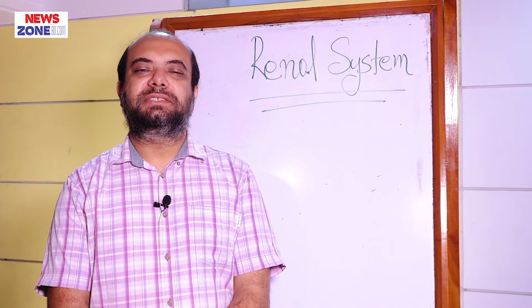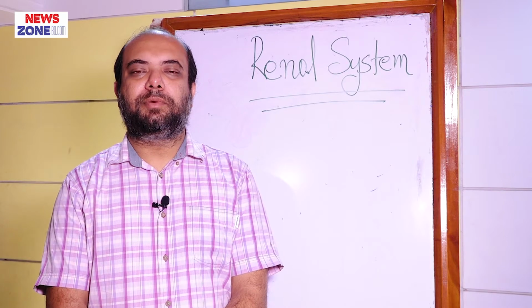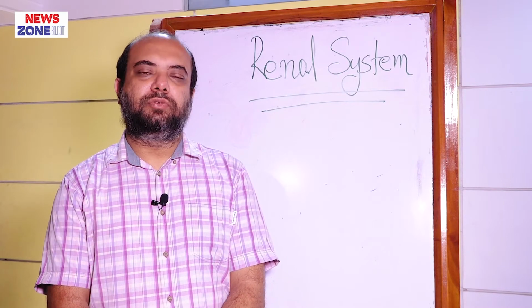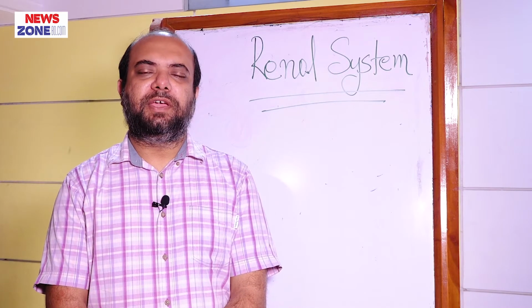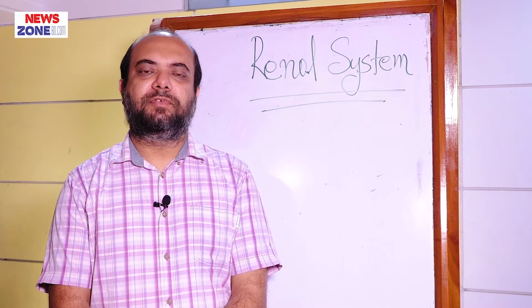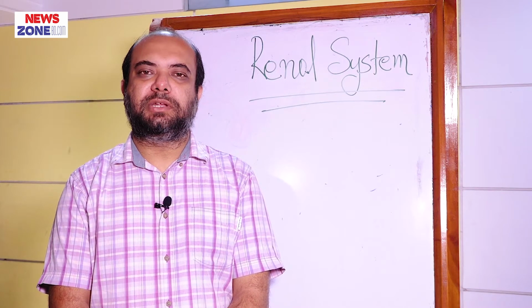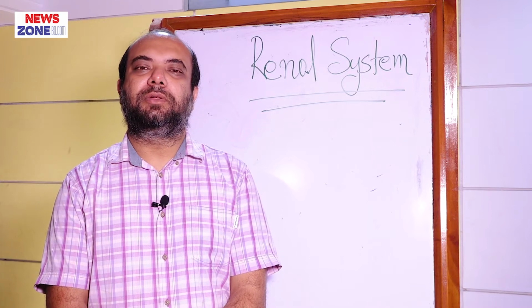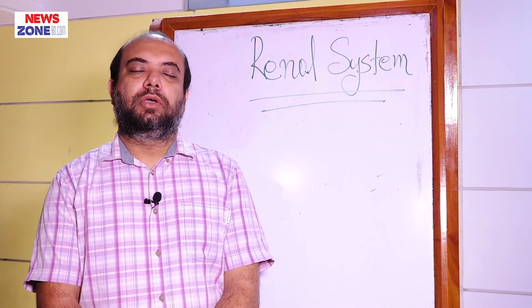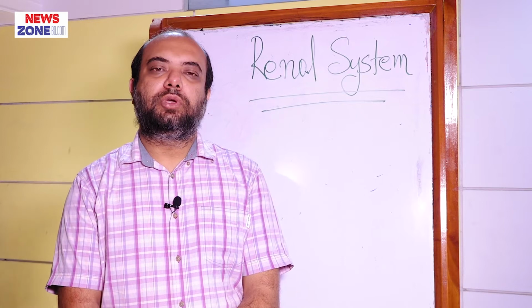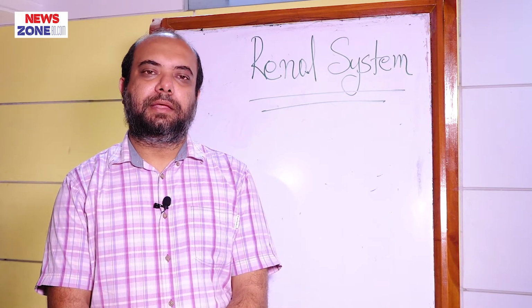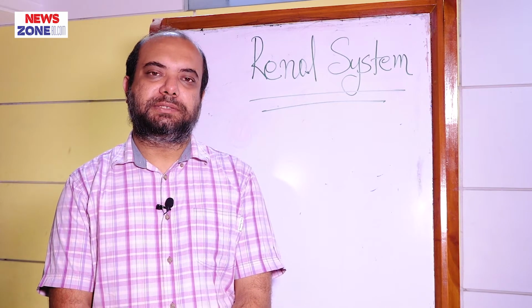Today I will discuss a very important topic which is very common for both viva examination and written examination, and that is the juxtaglomerular apparatus. So, what will we learn today about this juxtaglomerular apparatus?